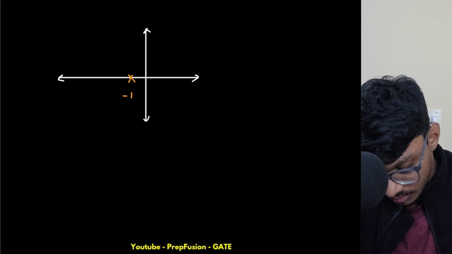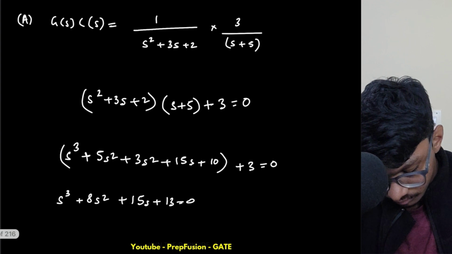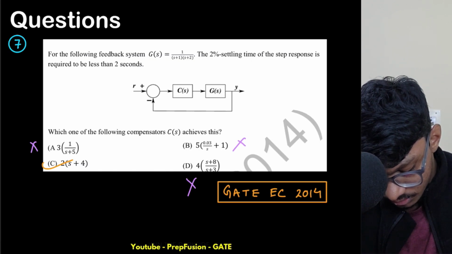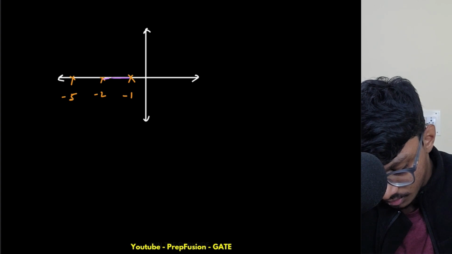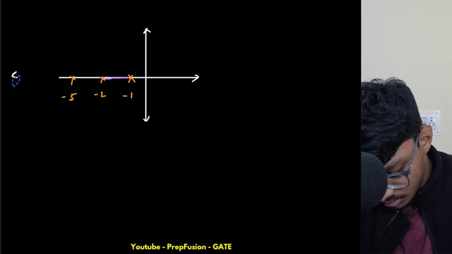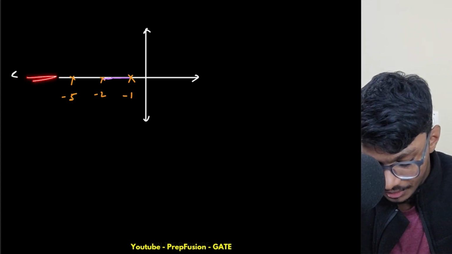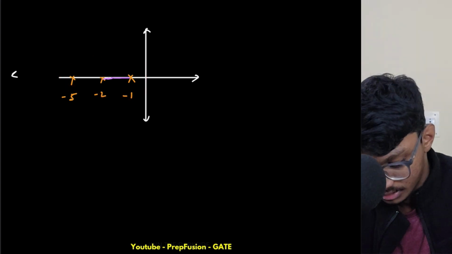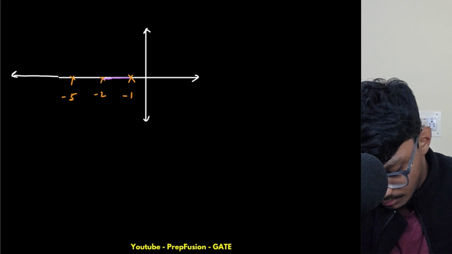So pole at -1, pole at -2 and pole at -5. Now these two will collide, and this is a valid location for root locus because I have an odd number of poles here. So this is also a valid location, and here I will have a virtual 0.